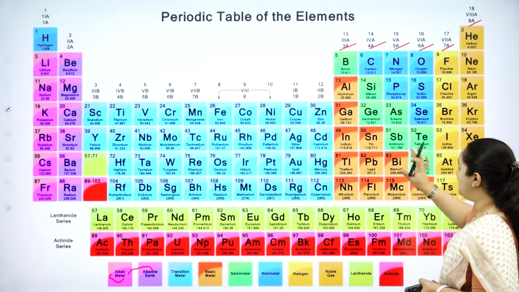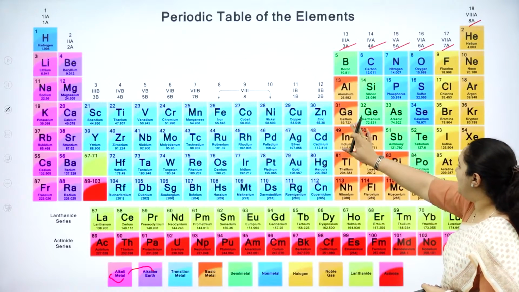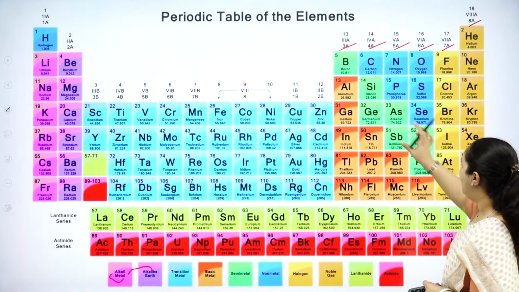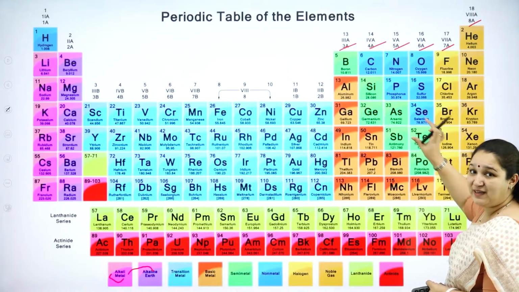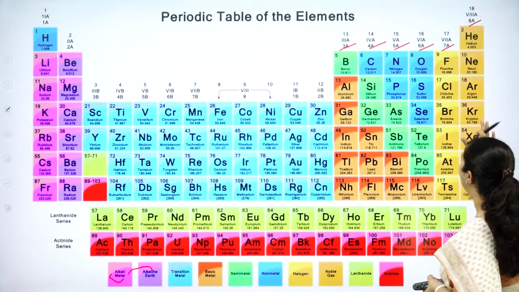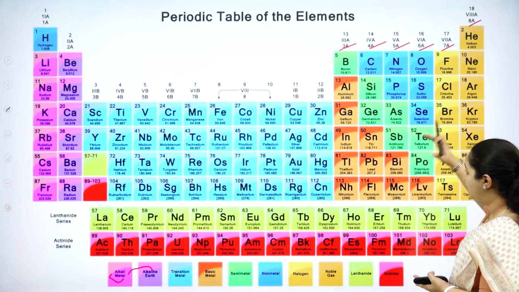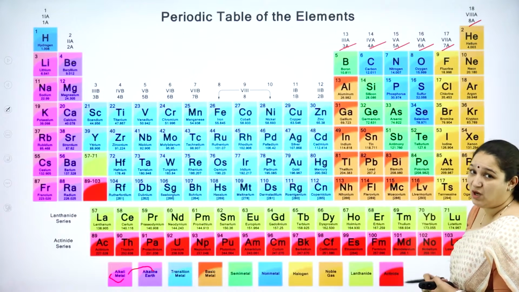If you observe this particular block, you can see there are metals, there are semi-metals, or we can call them metalloids, and we have non-metals as well. So you are going to study about all of them belonging to this group.